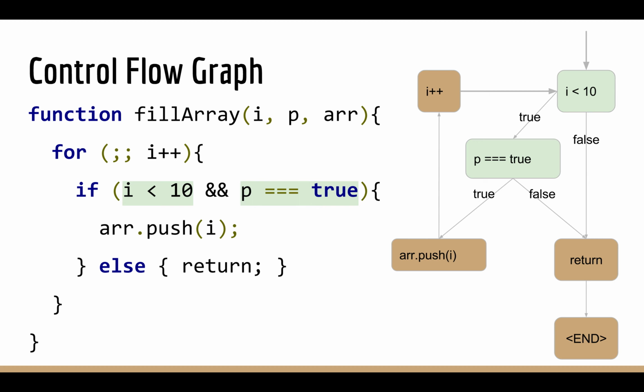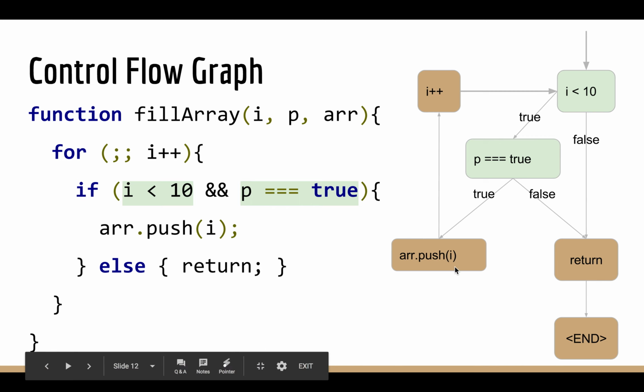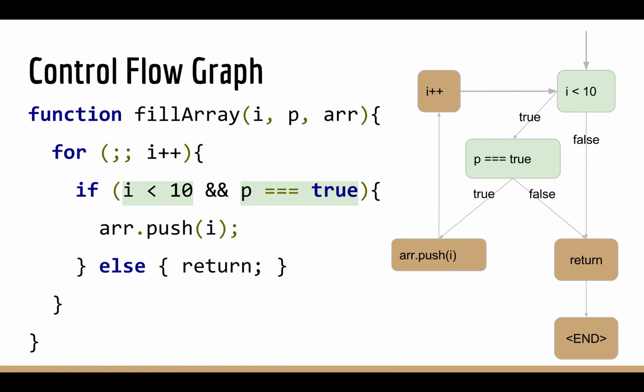write rules that are more about dead code and stuff that is never reached, etc. It's also important to mention that when we work with the control flow graph, we work with more details than this. This diagram here is simplified. In fact, the control flow graph goes more into the details. For instance, if you look at the array.push(i) expression, you will see that, in fact, there is a lot that is happening in there.